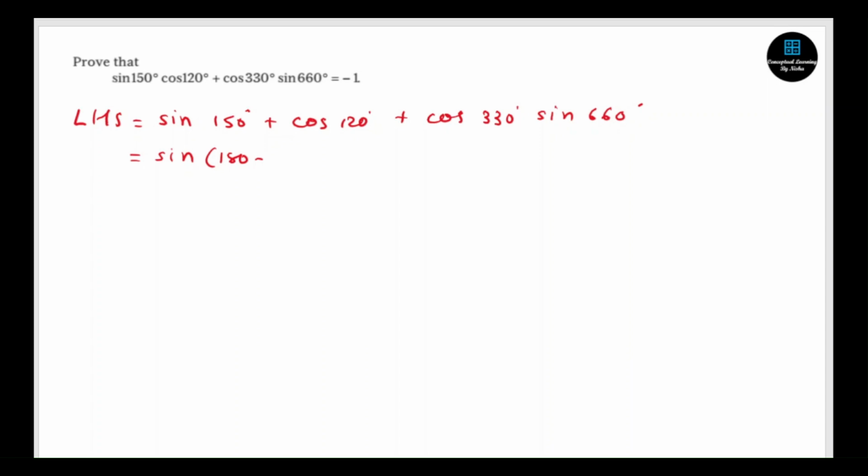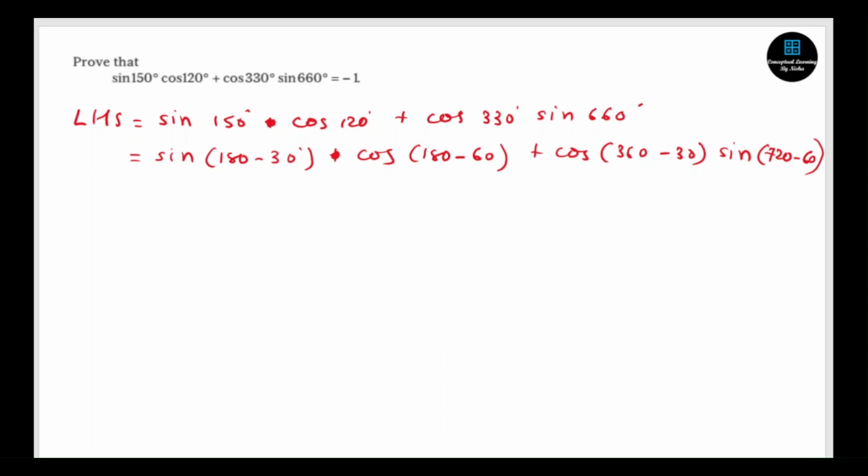So I am using this 180 minus 30 into, just make sure you are not making this mistake, cos 180 minus 60 plus cos 360 minus 30 into sin 720 minus 60, right?